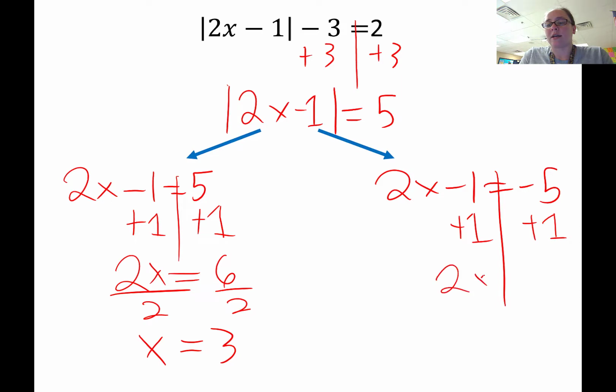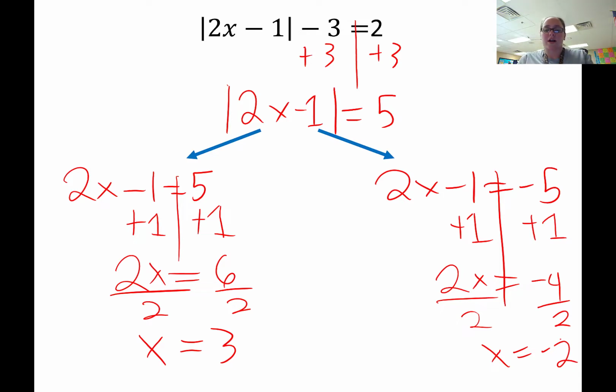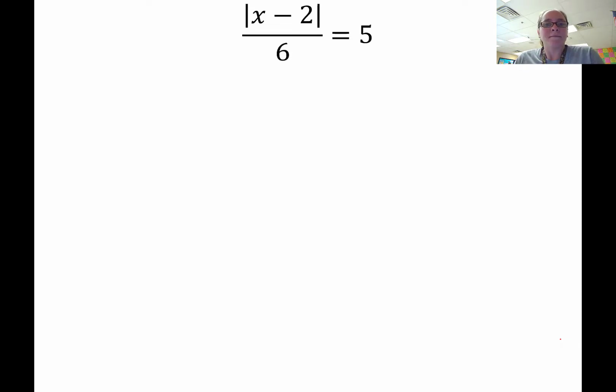I get 2x equals negative 4. Divide both sides by 2, and I get x is equal to a negative 2. So my two solutions are x equals 3 and x equals negative 2.